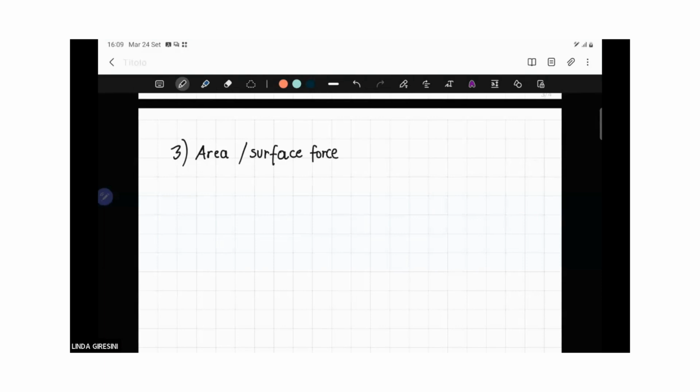So it is a force which is applied over a surface. So it implies the presence of a surface. So it implies also that there are at least 2 bodies in contact.